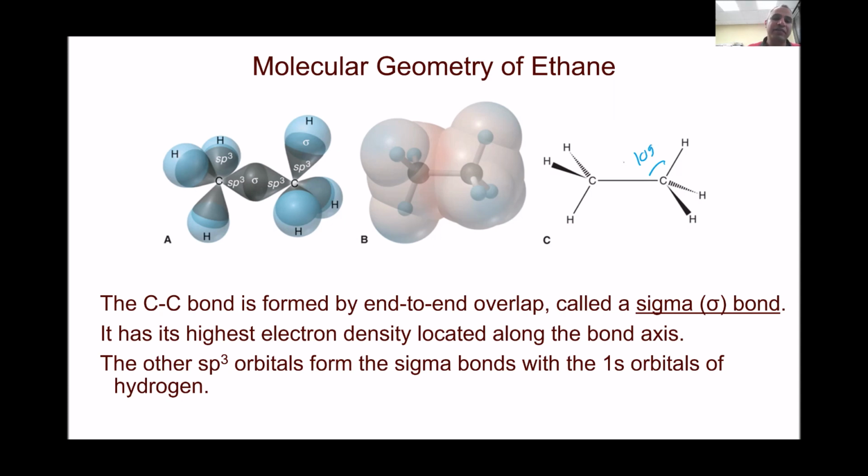And the possible overlap in this case is going to be a sigma overlap between an sp3 hybrid from this carbon atom with an sp3 hybrid from the second carbon atom. And the other 3 sp3 hybrids will make sigma bonds with the hydrogen atoms. And that explains the shape of the molecule and the angles that we observe in this molecule.